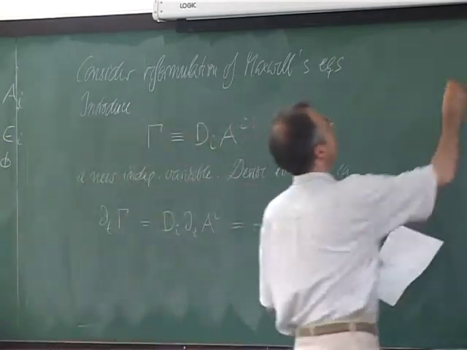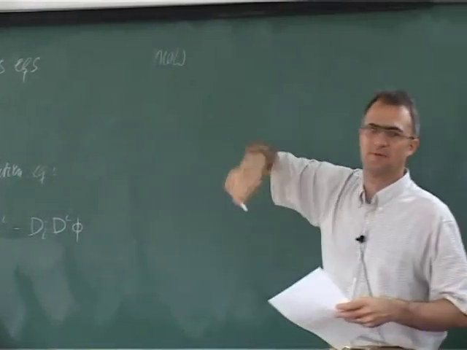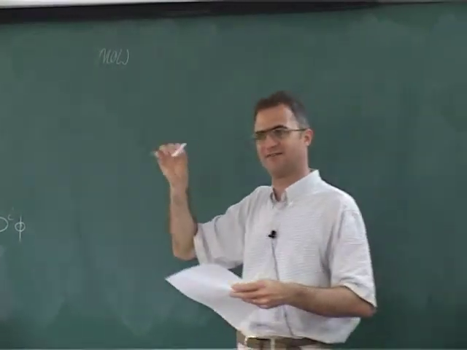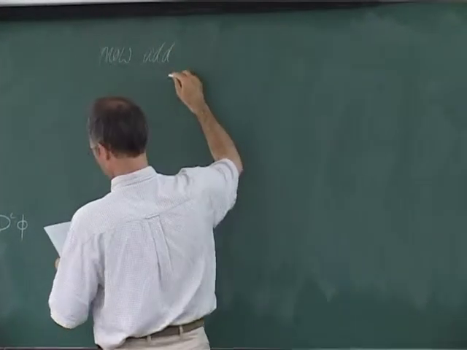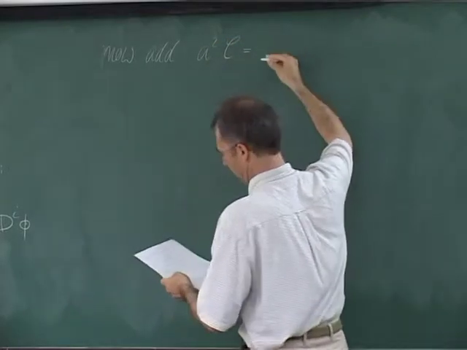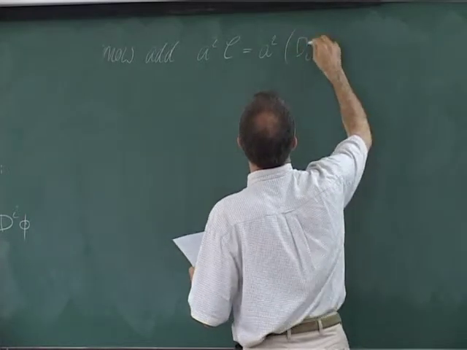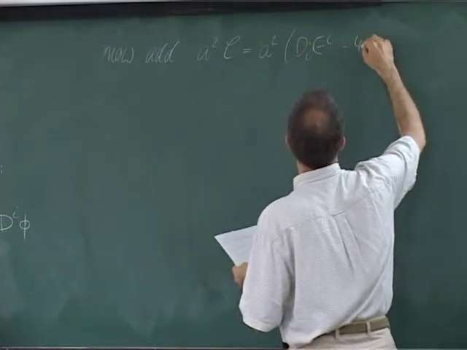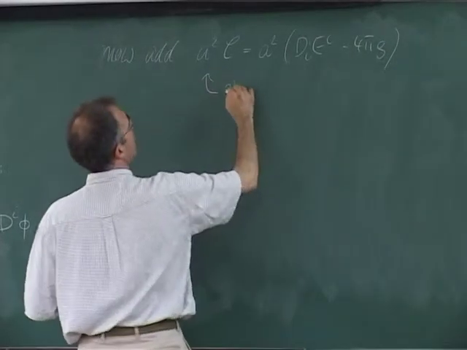And what I'll do, just to illustrate what happens, is add not just the constraint but the constraint times a constant, and see what role this constant plays. So we add a squared times C, where C was the constraint violation, so that is a squared times d_i E_i minus 4 pi rho, where a is just some constant.